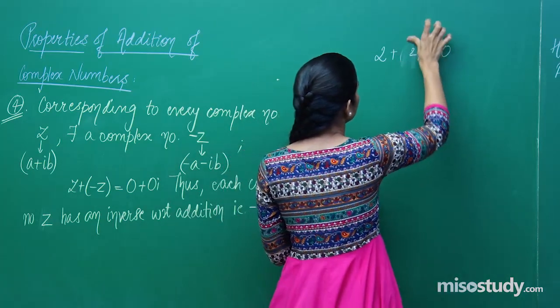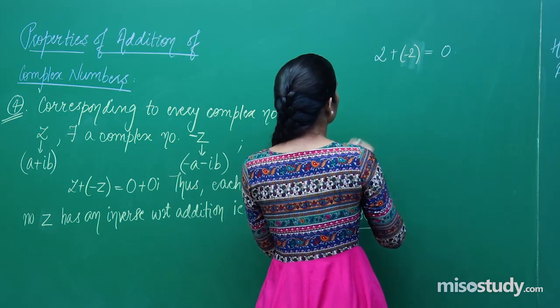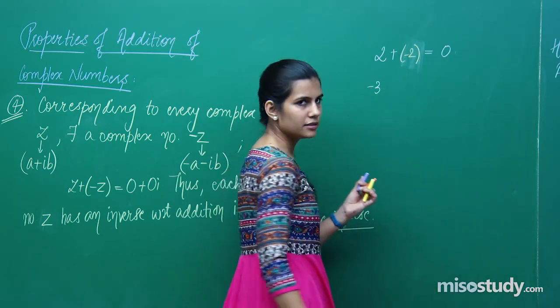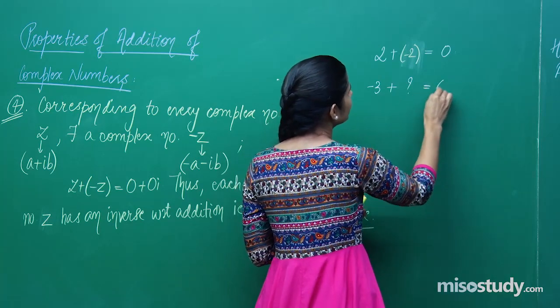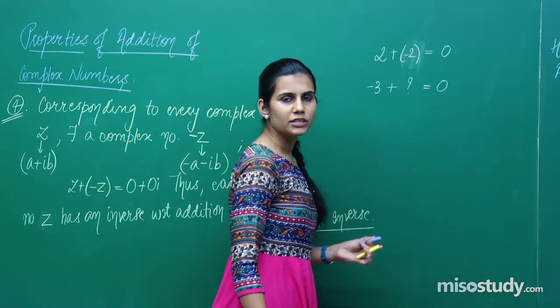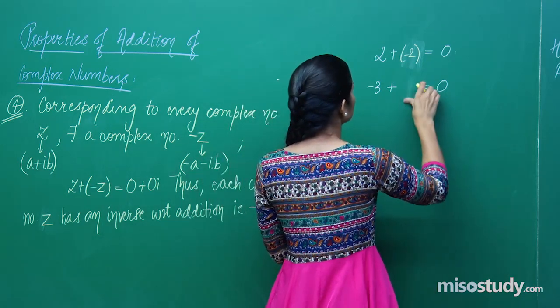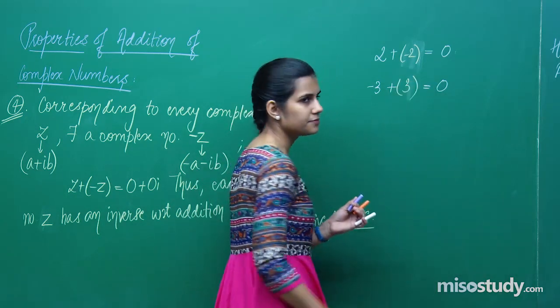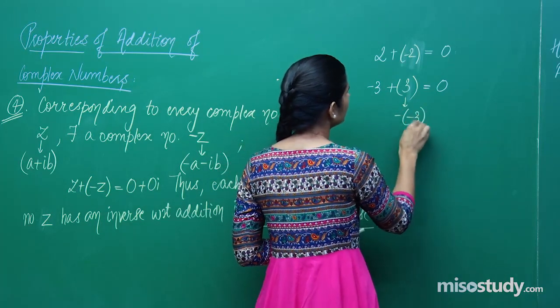If I say that I have the number minus 3, does there exist any real number which, when I add with minus 3, I get the additive identity in the set of real numbers? Your answer is yes, of course, it is 3, and 3 is nothing but the negative of minus 3.